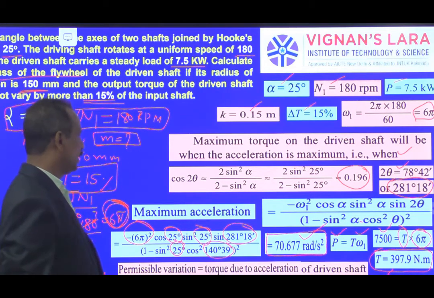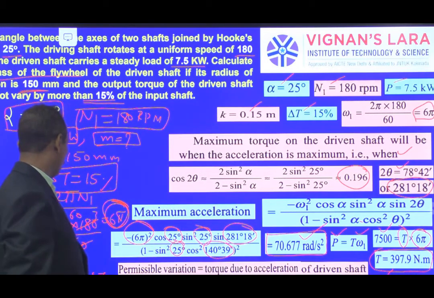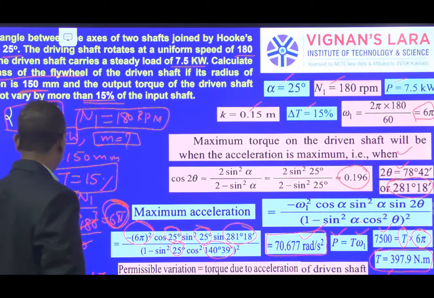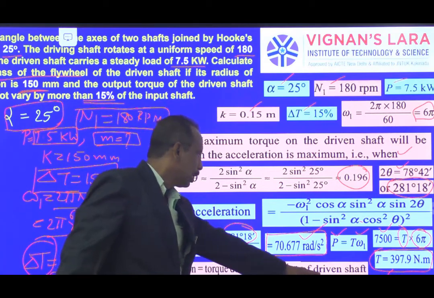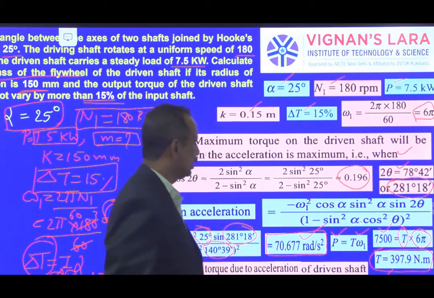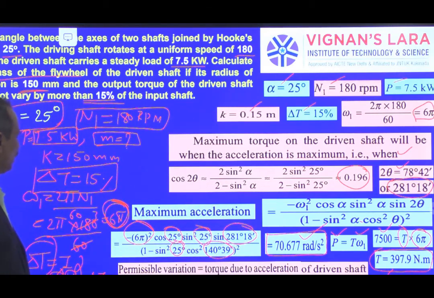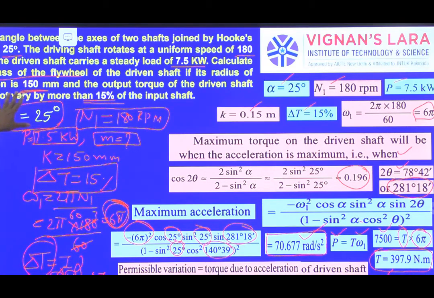So T into 0.15 is delta T. So delta T is equal to I alpha, from which I get the m value, 37.53 kg. So what we did here is a simple substitution of the data into the equations.